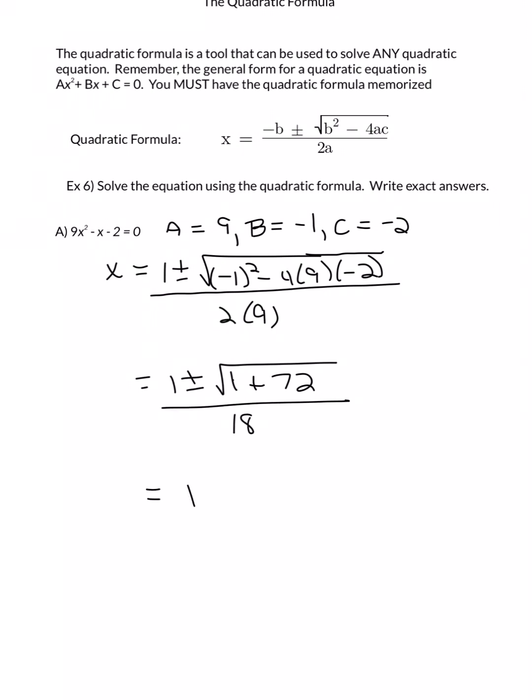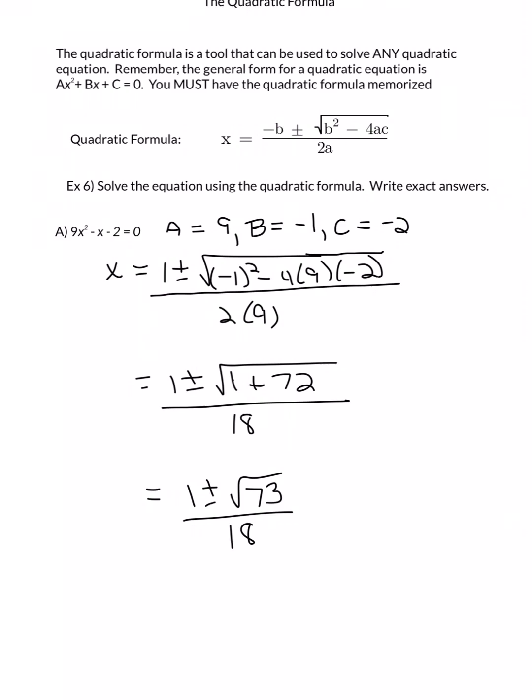This gives us 1 plus or minus the square root of 73 over 18. Check your square root. Does the square root of 73 simplify? It does not. So that is your answer, and you need to leave it in this form. Do not put it in your calculator, leave it alone.